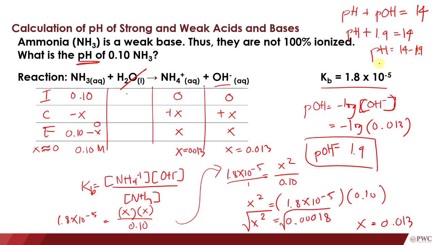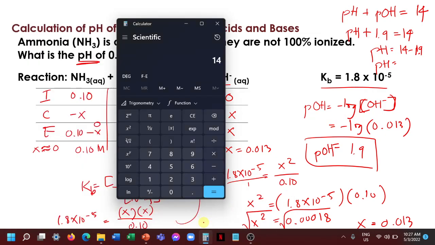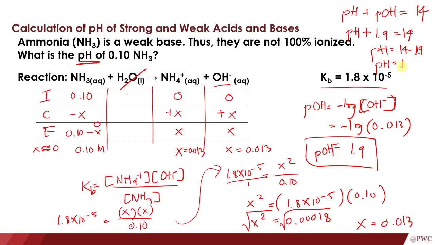Then the pH here is equal to 14 minus 1.9, which is 12.1. So the pH here is equal to 12.1, and again, that's expected because this one is a base.